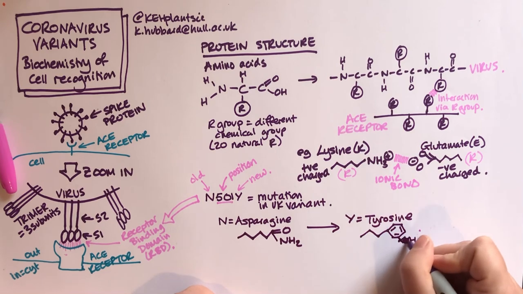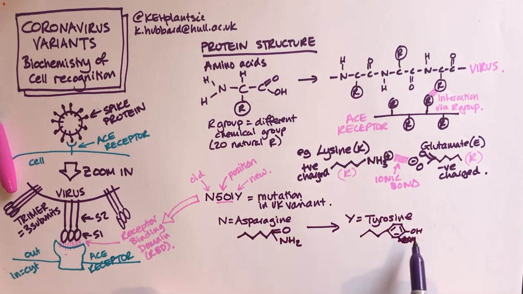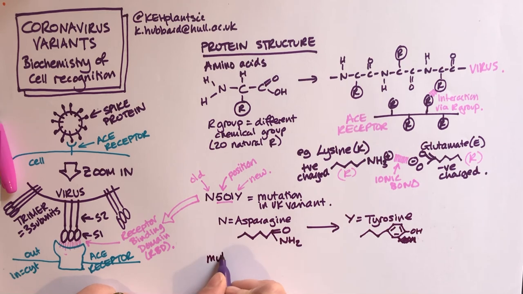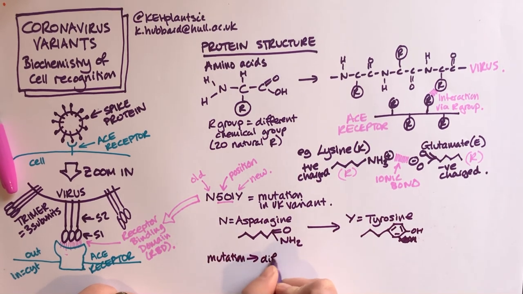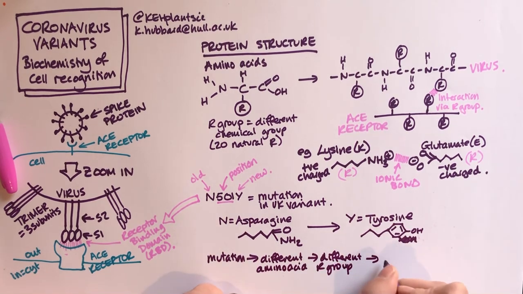Actually, sorry, that OH should be there. So we've got different chemical properties on the protein. The mutation gives us a different amino acid, so we've got a different R group, which has different properties.